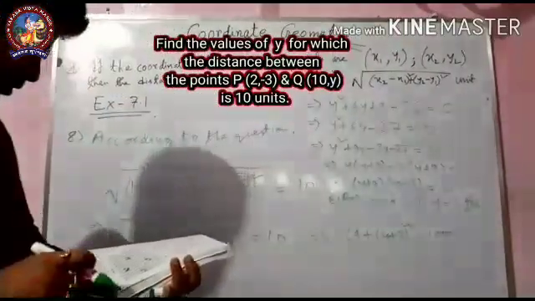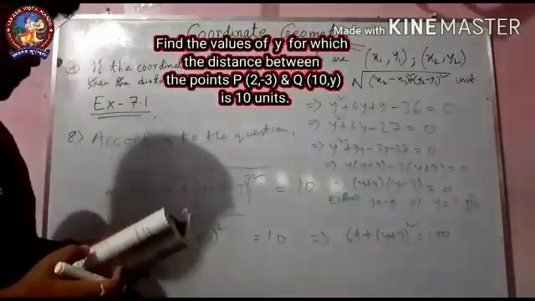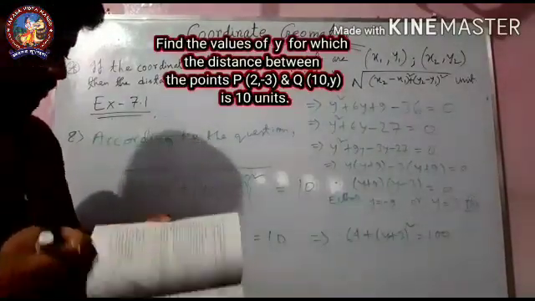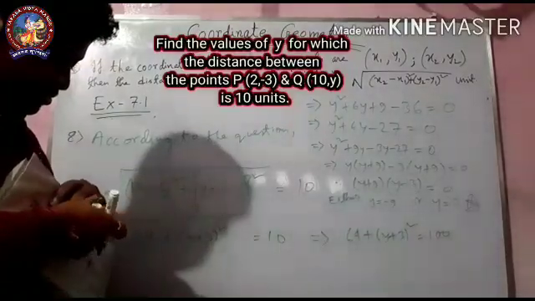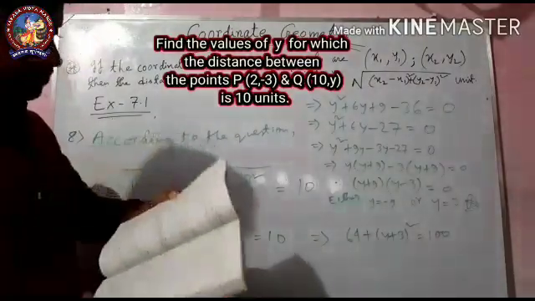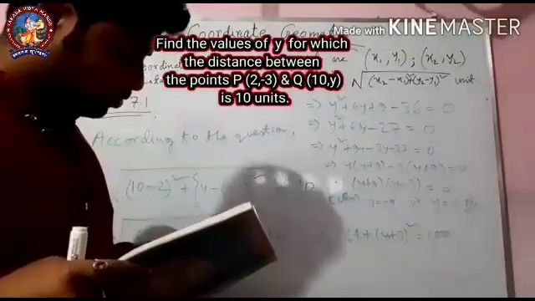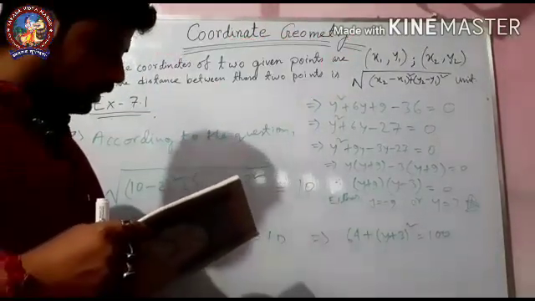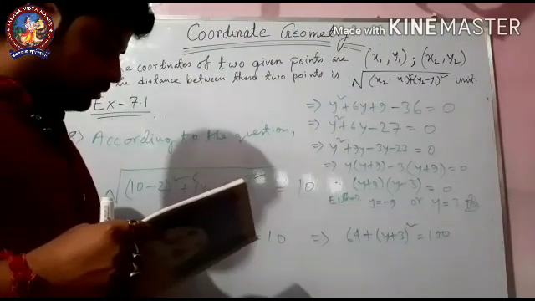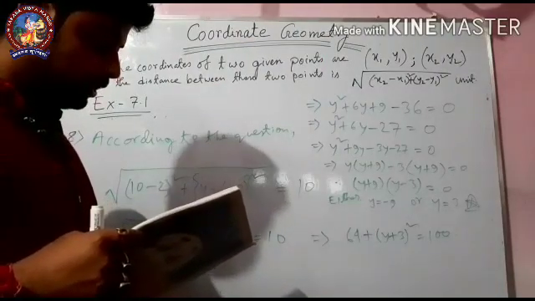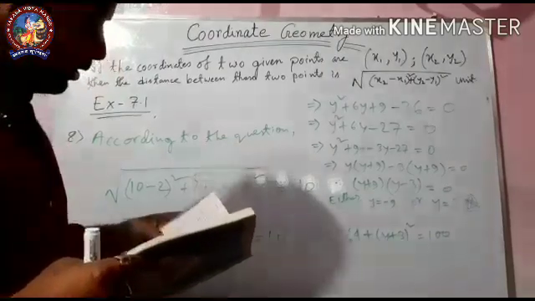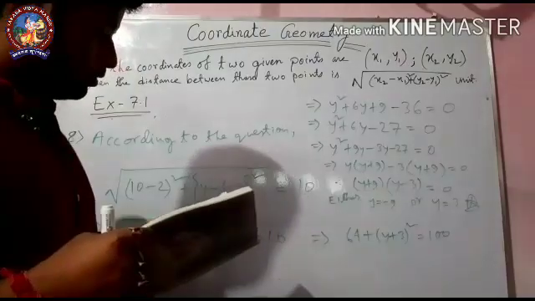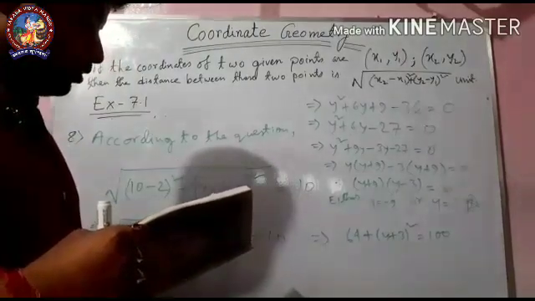Okay. Now next question number 9. It is given that Q 0, 1 is equidistant from P and R. P is given as 5, minus 3 and R is given as x, 6. Find the values of x. Also find the distances QR and PR. Okay.